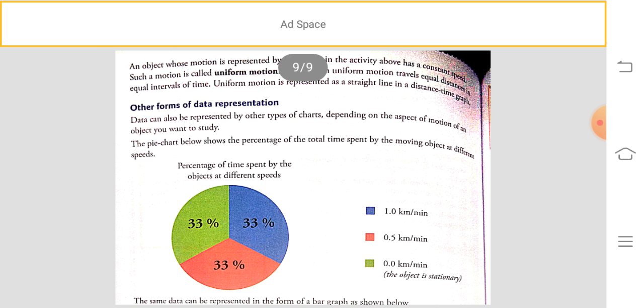So data can also be represented by other types of chart depending on the aspect of motion you want to study. The pie chart represents the total time spent by the moving object at different speeds. So what does the pie chart denote? Pie chart denotes the total time spent by the object at different speeds.